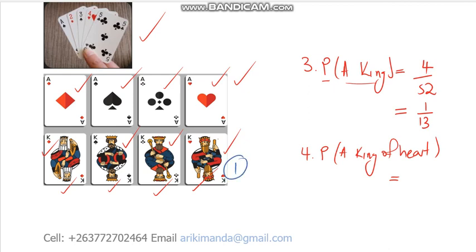The question is specific, so it will be 1 over the total number of cards, 52. This cannot be reduced. This will be the final answer. So take note, when a question specifies, you need to find that particular type of card.